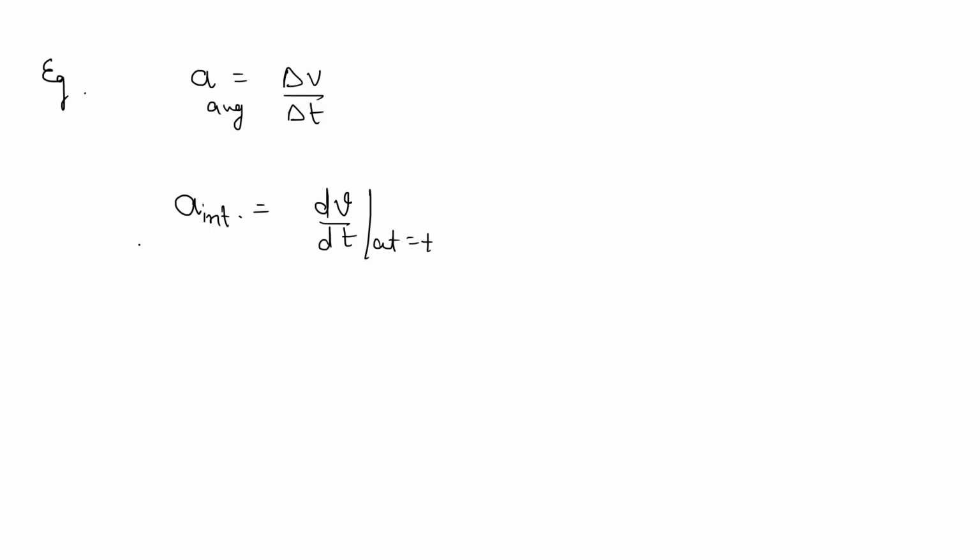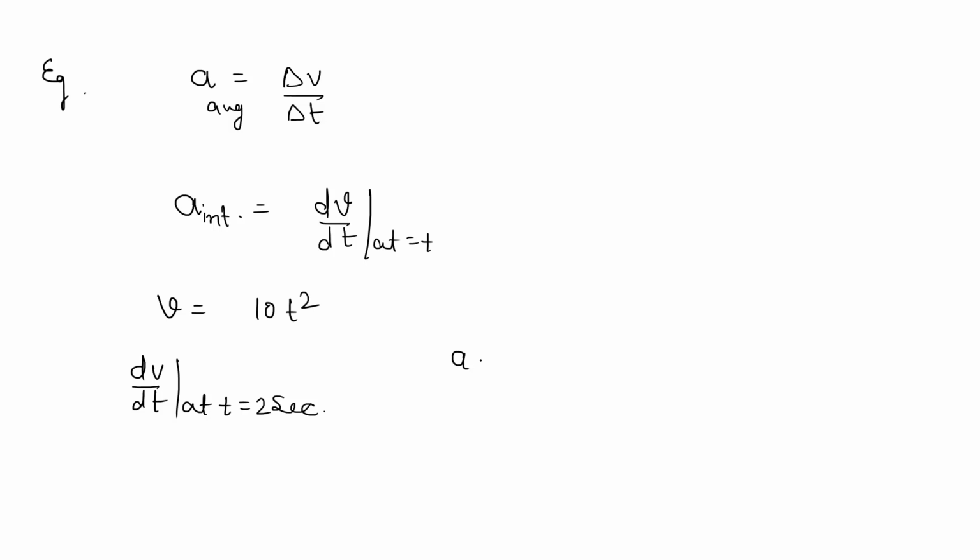The function is given to you, v equals 10t square, and our interest is to find dv upon dt at t equal to 2 seconds. What will be the value of acceleration at t equal to 2 seconds?